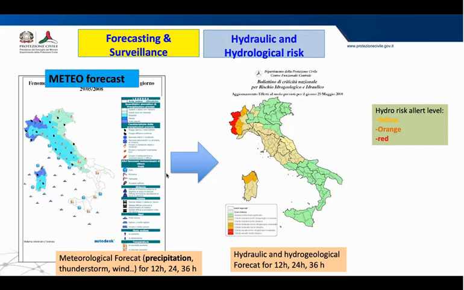Inside this bulletin, we report the main meteorological events forecasted for the next 12, 24, and 36 hours, and we also have the quantitative precipitation forecast for all three periods.